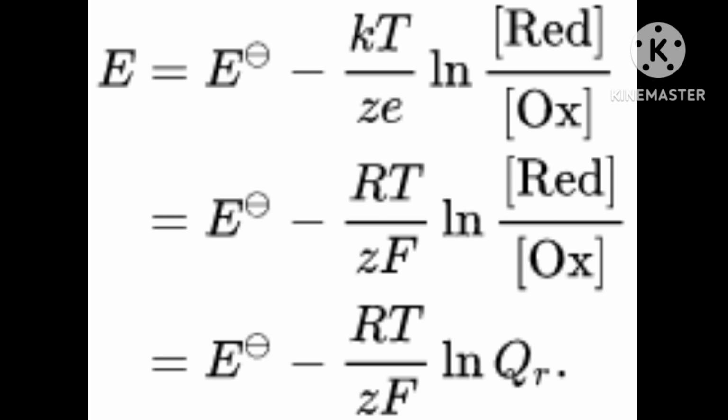First you should write the formula: Ecell is equal to standard Ecell minus RT by nF ln Q.